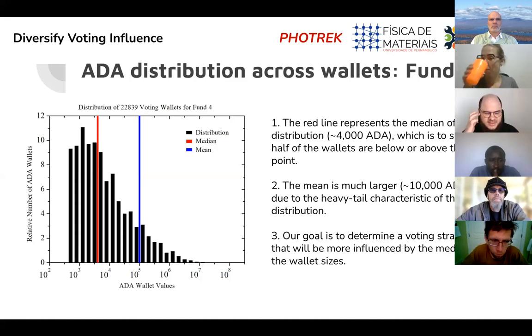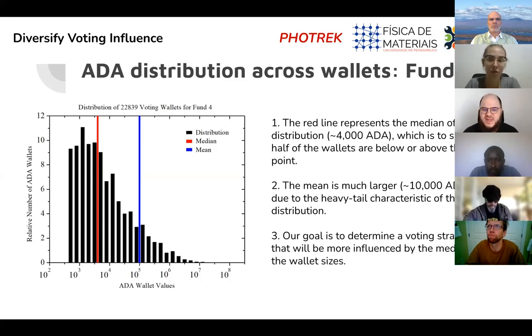So if you take a probability density of wallets, the majority of wallets that you have involved in Fund 4 had something close to 10,000 to 5,000 ADA. And as you can see by the blue line, the mean is very distant from it. So the majority of users have 5,000, 4,000 ADA, but the average amount of ADA involved when you sum all the wallets is close to 100,000. So those lines are very distant from each other.